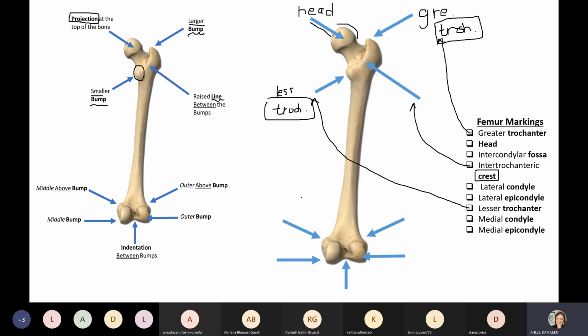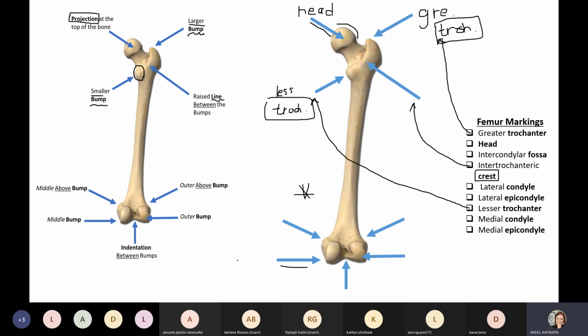On the femur, this is my side that is toward the middle of the body. Would this side, so right here, be the lateral or the medial condyle? If this is the middle side of the body, is this one going to be the lateral one or the medial one? What do we think?